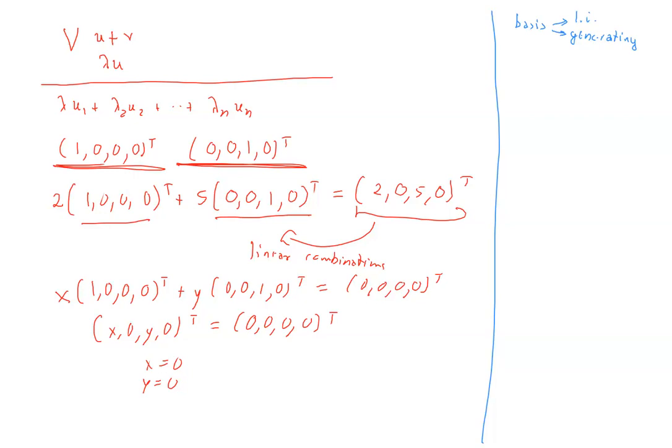Somebody asks you, okay, so how do you, theoretically speaking, check that they generate a space? The answer would have been that you just try to see if every vector can be written as a linear combination.